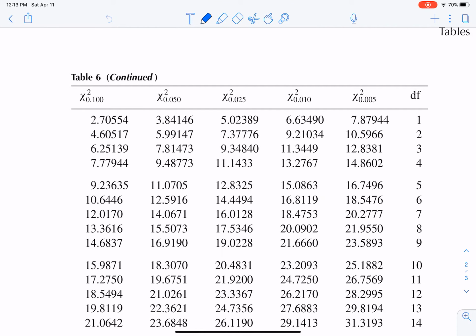Our degrees of freedom is 1, so we're going to look at the top row of this table. We're going to see that for 0.05, we needed chi-squared to be bigger than 3.84. And in fact, it was 4.1797. So we can say that our p-value is somewhere between 0.025 and 0.05.